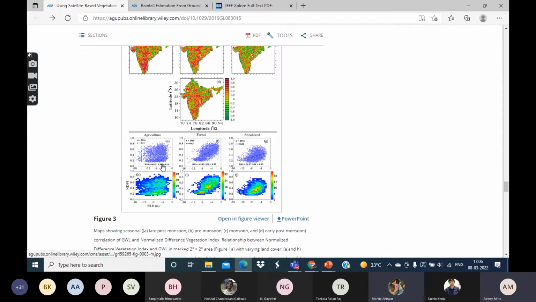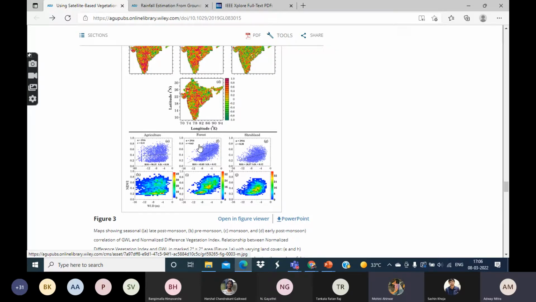As this suggests, you can see that in the agricultural lands, the correlation coefficient R is very low, 0.11. Means that there is hardly any correlation between what they have estimated and the ground truth.